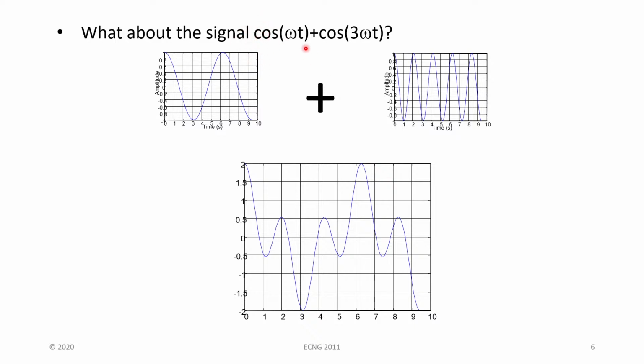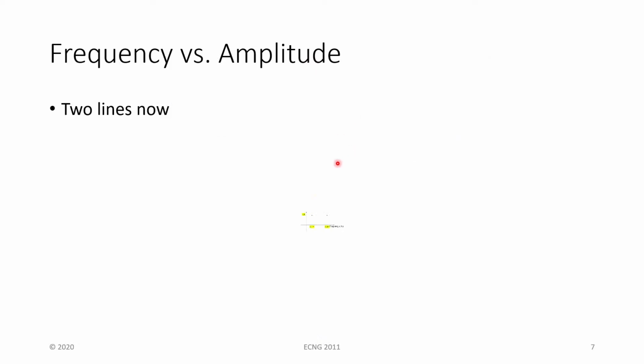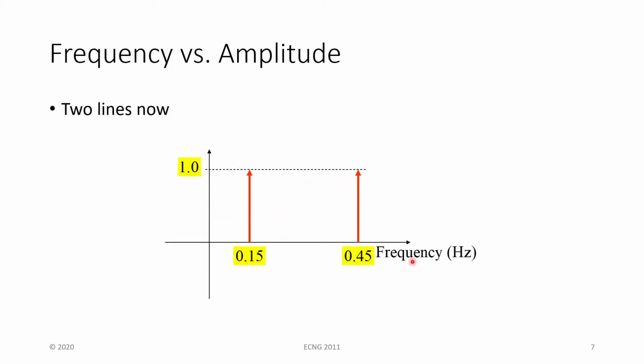The amplitude of cosine omega t was 1, and the amplitude of cosine 3 omega t was also 1. The frequency of the first was omega, which we saw was 0.15 Hz, and the frequency of the second was 0.45 Hz.